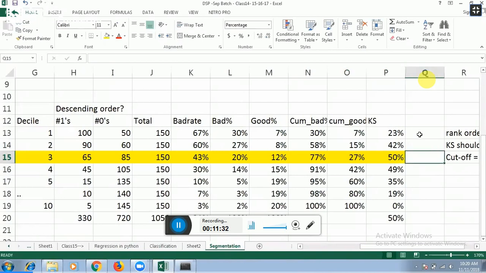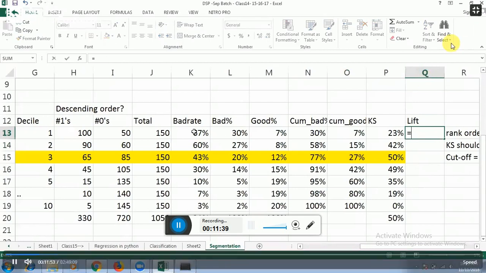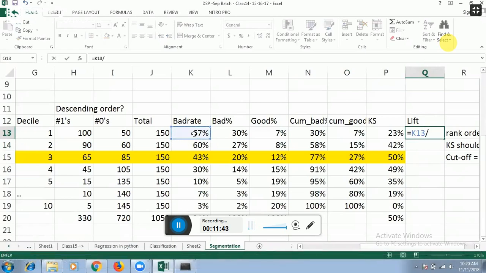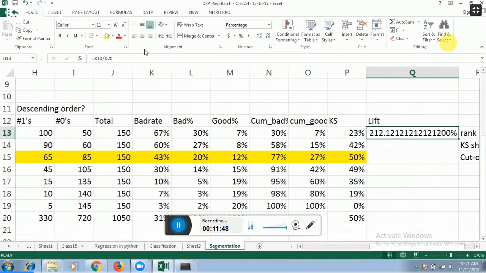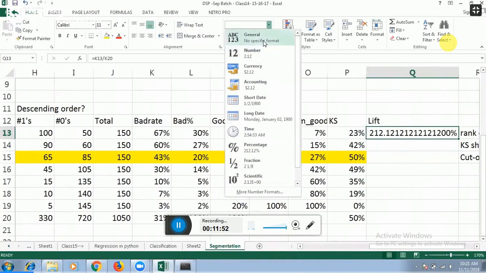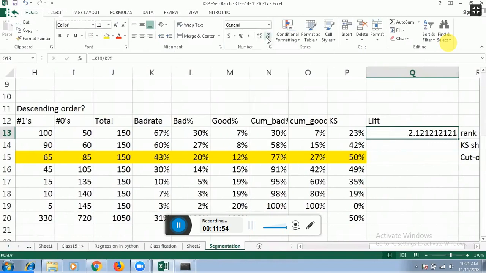Right? And how did you calculate the lift? My first decile 67%, you divide by 31%. So this is the lift. Of course, if I remove the percentage and make it a generic number, my lift is 2.1 times.